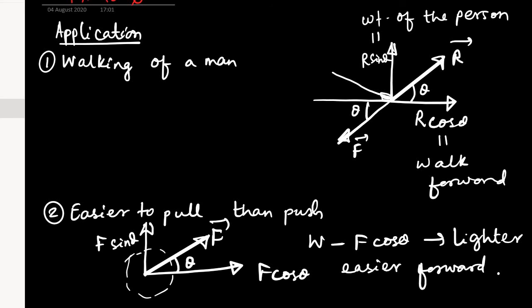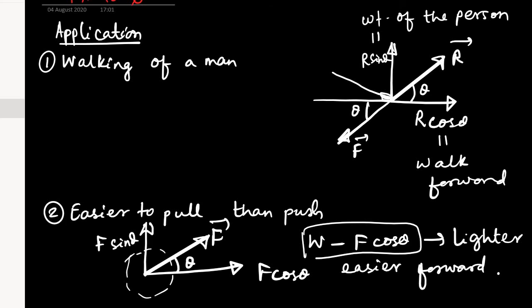You must understand this. When the pulling force is applied, it is reducing the weight, so that's why we are subtracting here. The body feels lighter and easily moves forward. So it is easier to pull an object than to push it because of this.